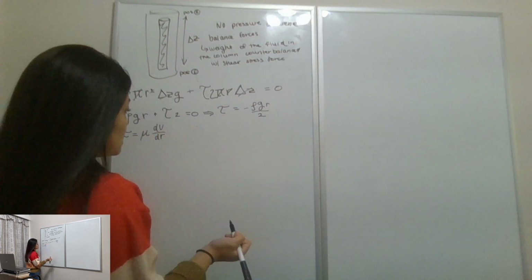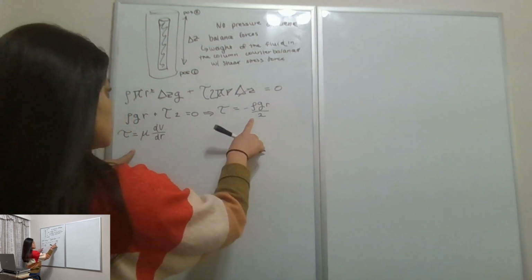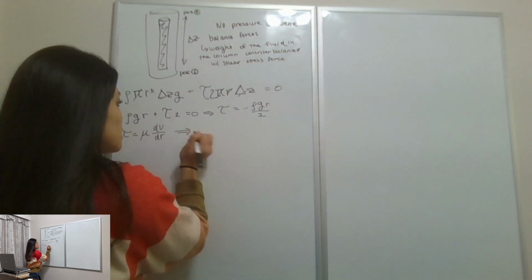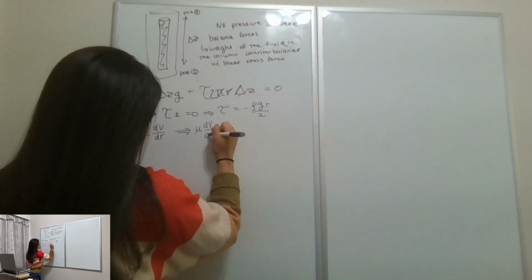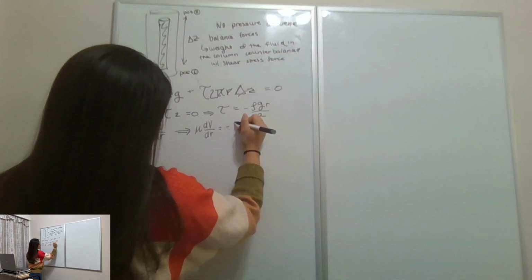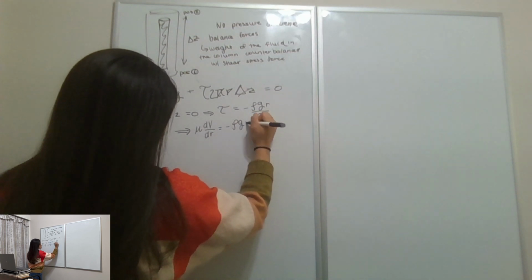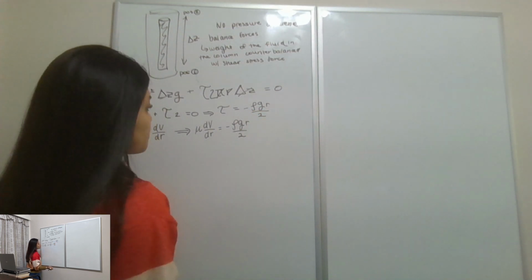And so if we take these two and set them equal to one another, that's going to give us the viscosity times the change in velocity with respect to the radius is equal to negative density times gravitational acceleration times the radius divided by 2.